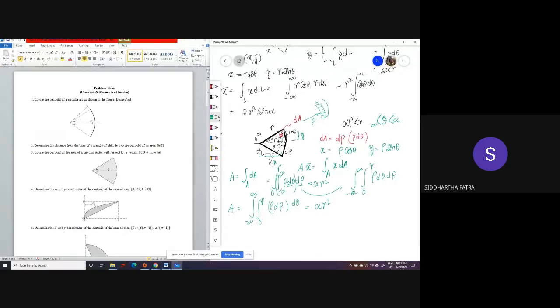The limits of integration on theta are independent of rho, and the limits on rho are independent of theta. In a situation like that, you can switch the order of integration.